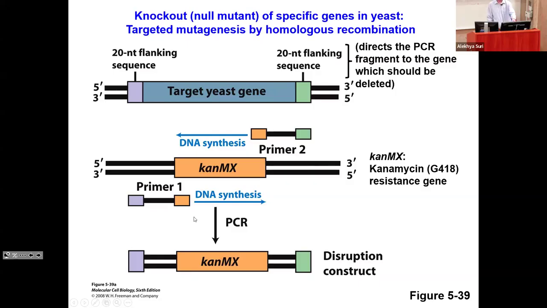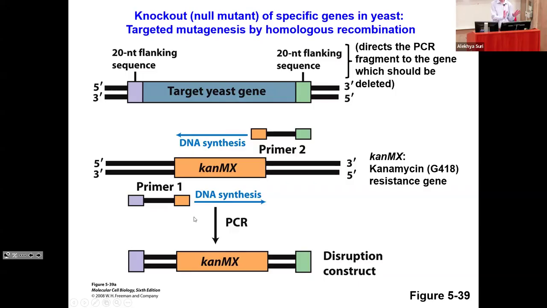To do this, you create a PCR reaction using primers. Here you can see primers 1 and 2 contain not only sequence to amplify the marker gene, kanMX, the kanamycin resistance gene.